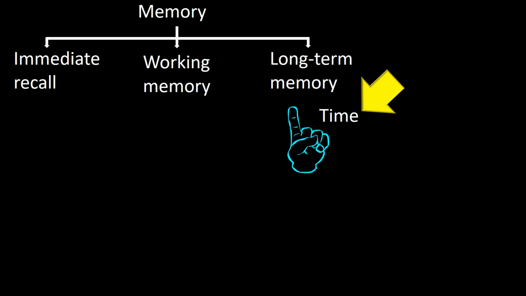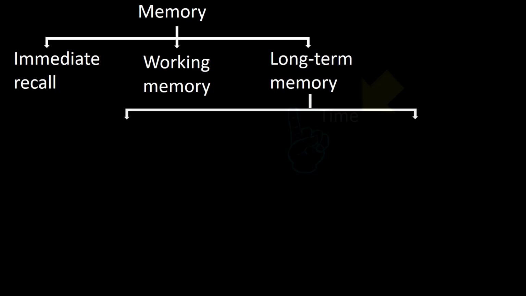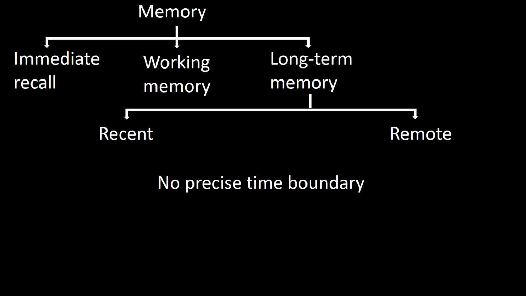We will start by talking about the time-based classification of long-term memory. According to time, memory can be classified as recent, implying unconsolidated memory, or remote, implying consolidated memory. Recent memory and remote memory have no precise time boundary.